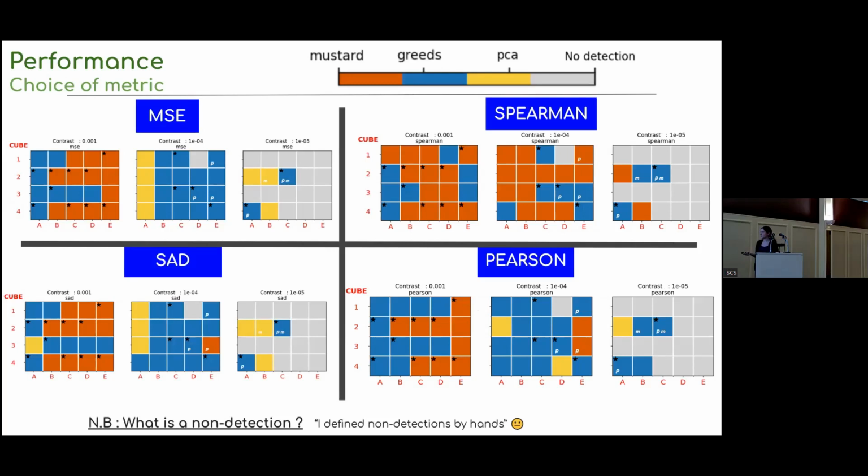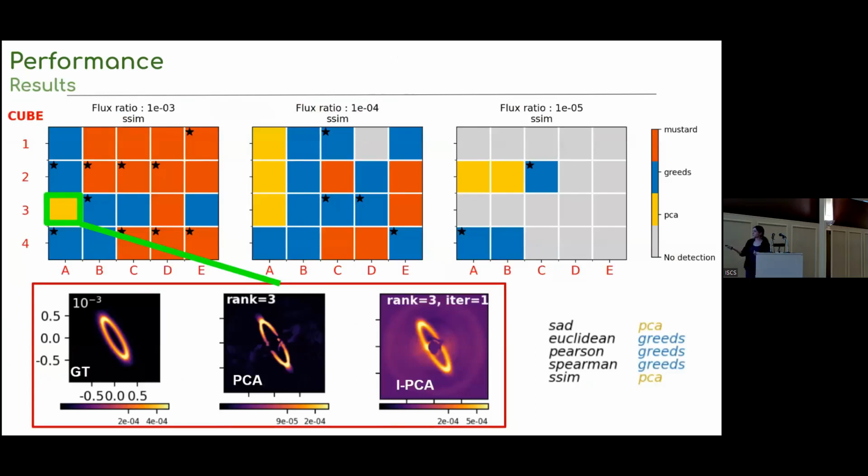For example, the Spearman metric is better at telling me that the structure of the disk is globally more restored, but it's not very sensitive to residuals, where other metrics are more sensitive to that. It's important because sometimes the same metric will tell me yes, PCA is better, but when I look at it, there are more residuals. It's not sparse, but the structure is better.